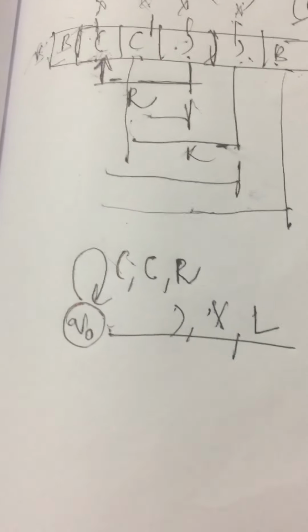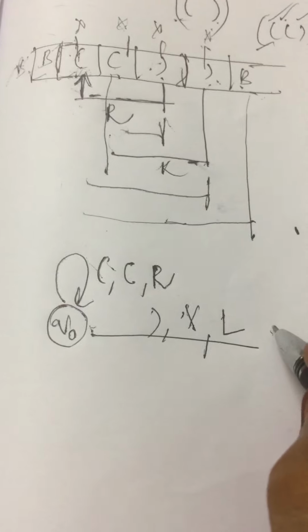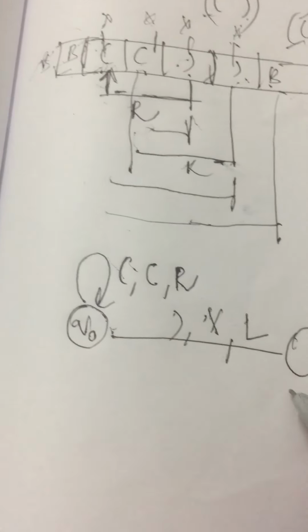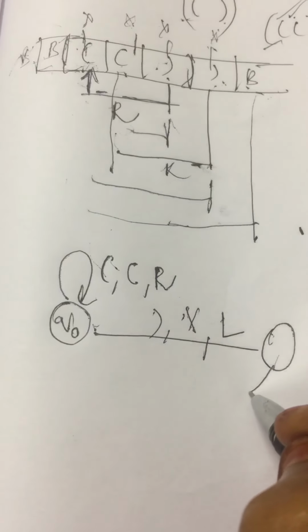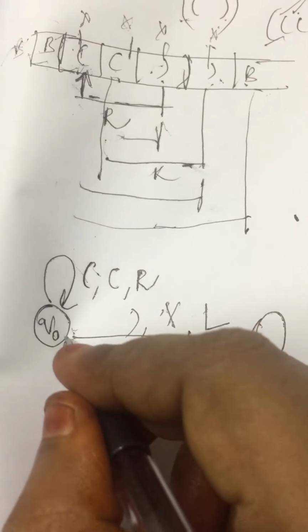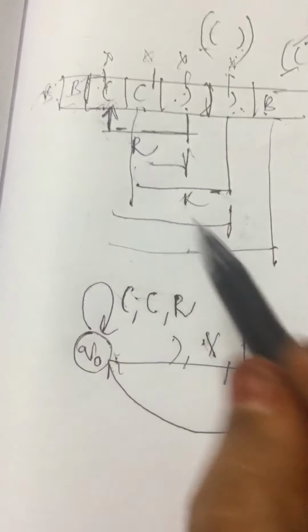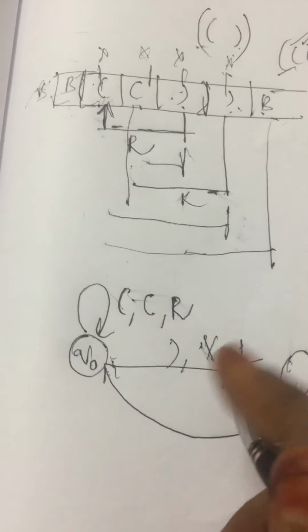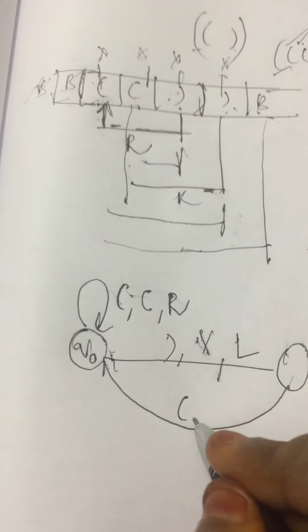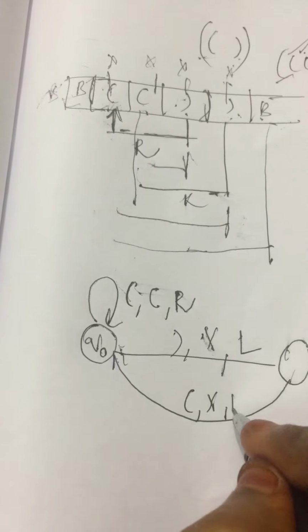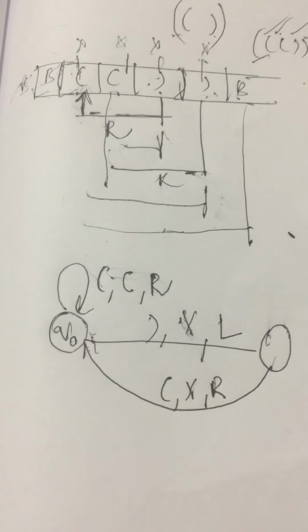After moving to the left direction, we again do the same procedure. What is that? This open brace will be converted to X, and move to the right direction.